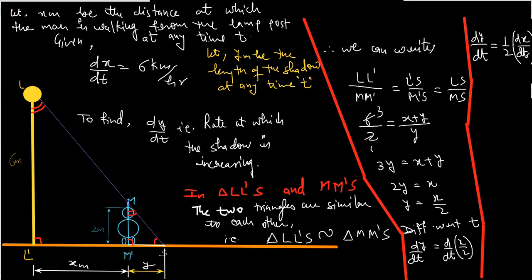And what is dx by dt, students? dx by dt is given to us 6 kilometer per hour. So 1 upon 2 into 6 kilometer per hour. So the answer is 3 kilometer per hour.